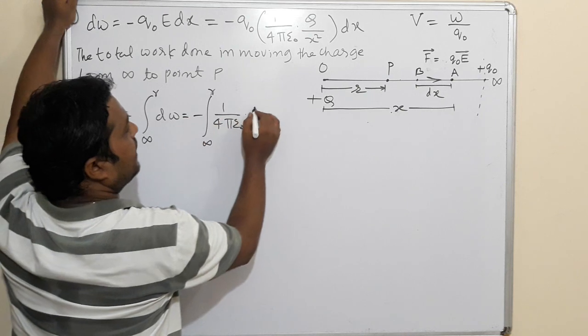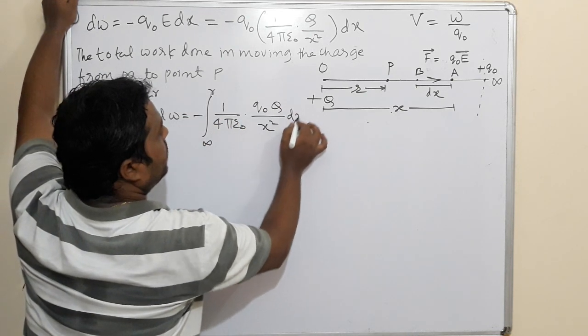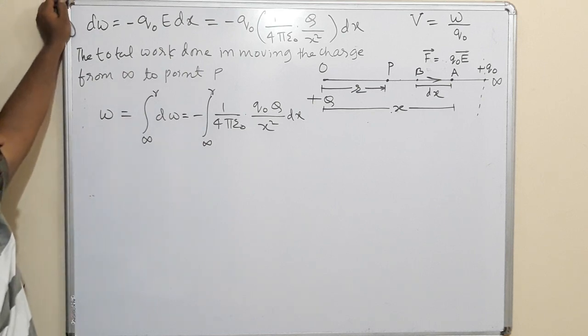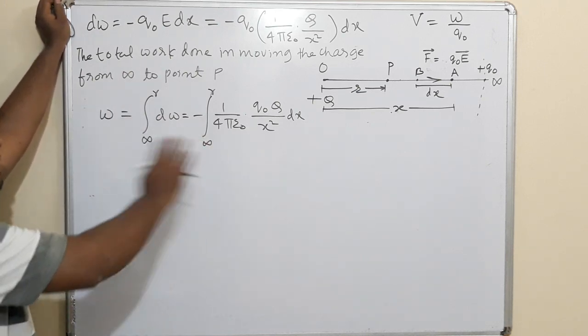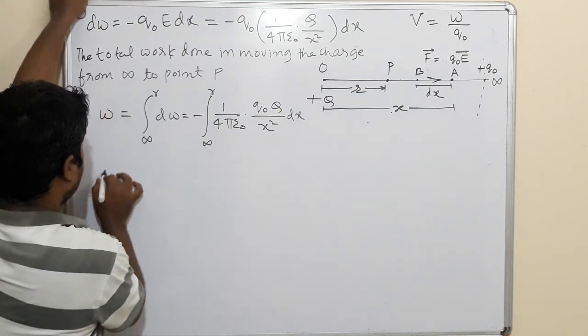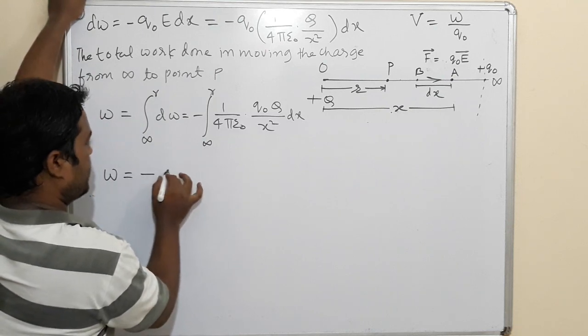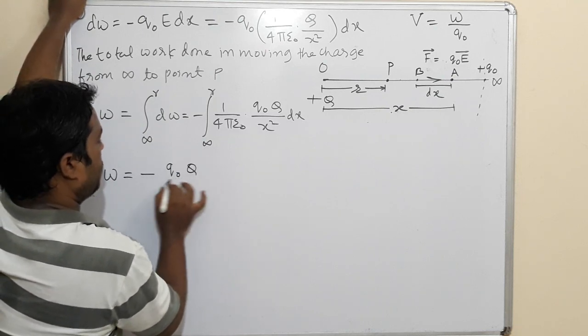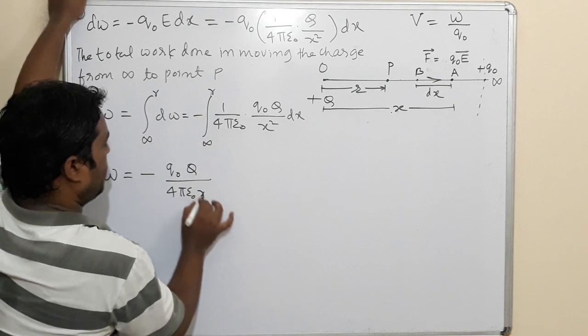Then this will be Q naught into capital Q divided by x square into dx. Leave x and dx in the integral sign and take all the remaining constants outside. Then W is equal to Q naught into Q divided by 4 pi epsilon naught x.